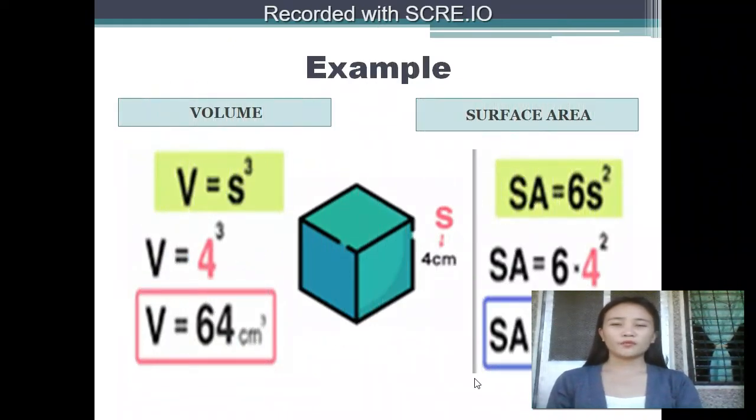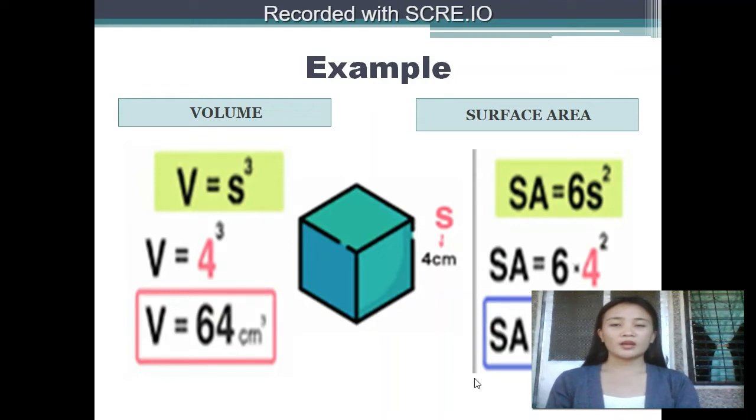The volume. We are given a cube which has the length of its side 4 centimeter. So volume is equal to S raised to the power of 3. Then substitute. We have V is equal to 4 raised to the power of 3.